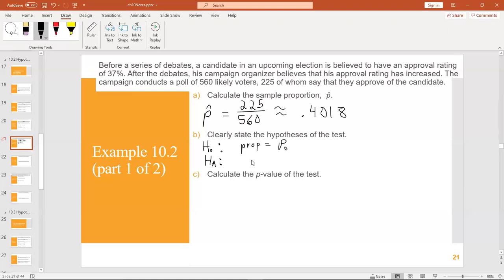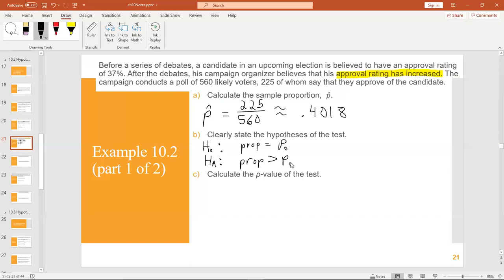This is going to be some statement of either greater than, less than, or not equal. What are we contending here? The campaign organizer believes the approval rating has increased. So guess what, my friends? If it's increased, that means it is greater than P0.